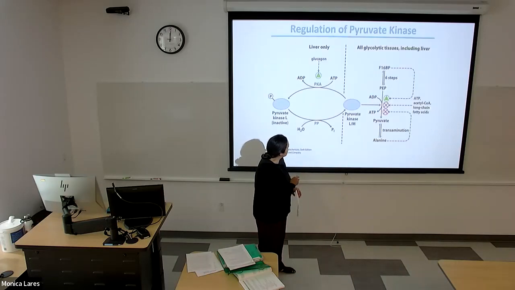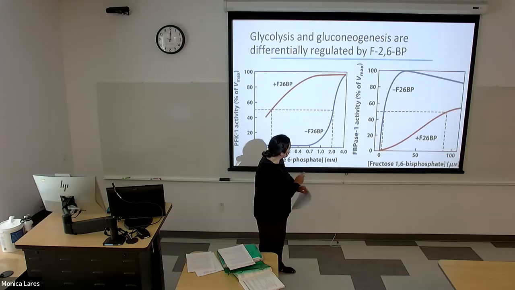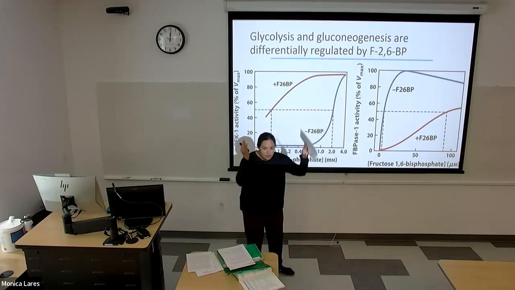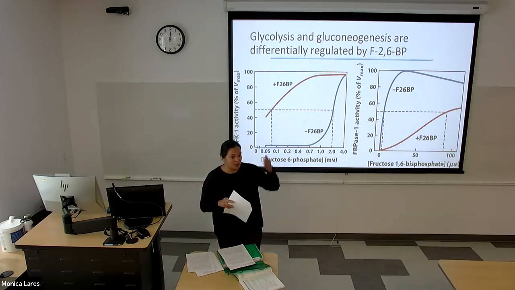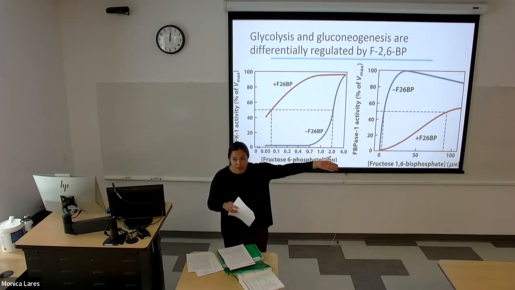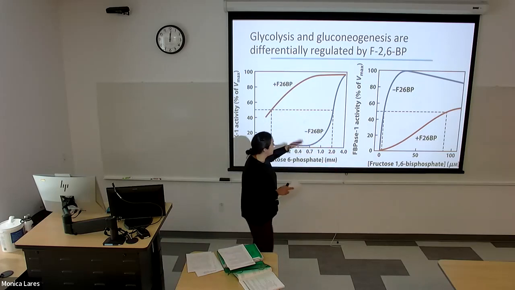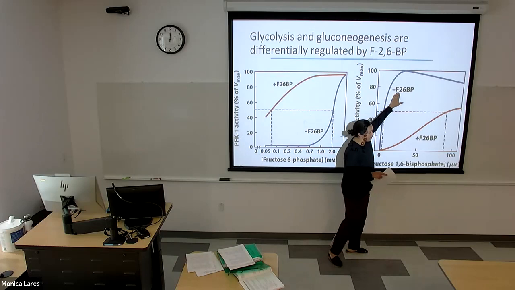That means there's less fructose 2,6-bisphosphate, because we activate that FBPase2, which is removing a phosphate group.